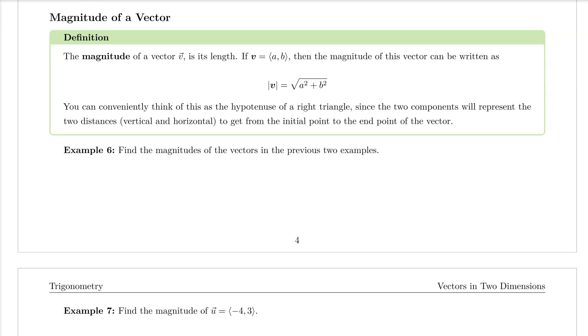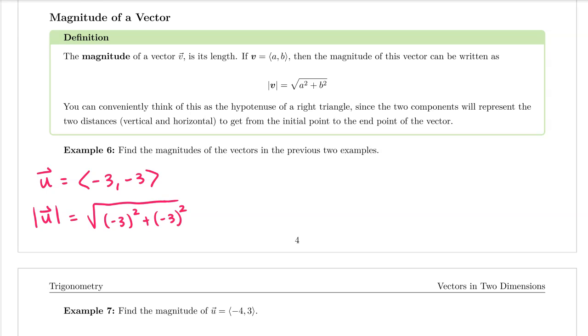In example 4, we found that our vector u was equal to ⟨-3, -3⟩. So if I want to find the magnitude of vector u, I'm going to use this formula. We have the square root of (-3) squared plus (-3) squared.